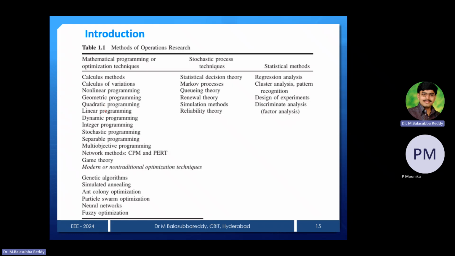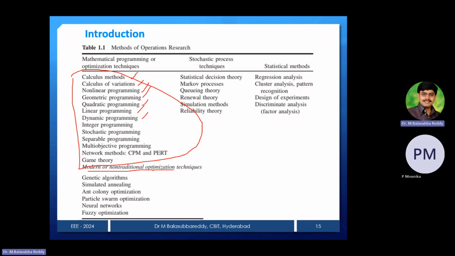Earlier we could use the calculus method and calculus of variations, nonlinear programming, geometric programming, quadratic programming, linear programming, dynamic programming. Like this, we have many conventional methods available to find the control parameters.